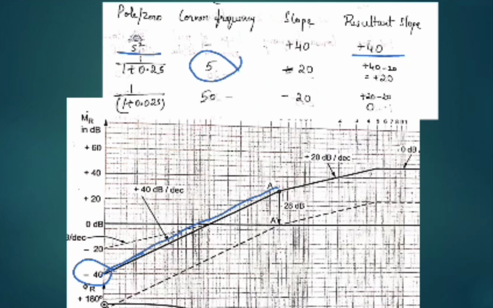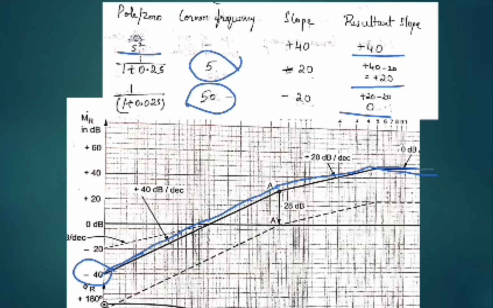Once we reach the value 5, we need to draw a slope of plus 20 decibel per decade, until it reaches 50. From 50 we draw a 0 decibel line, that is without any slope.